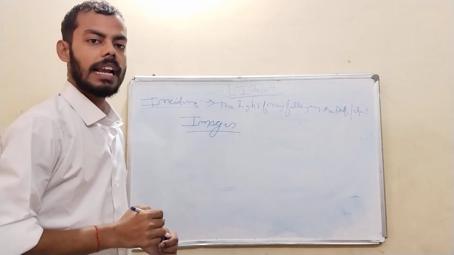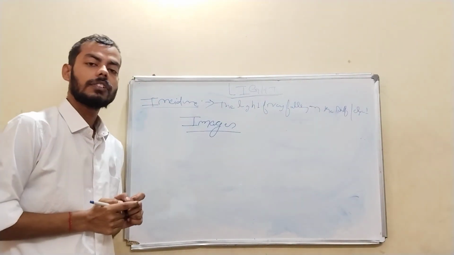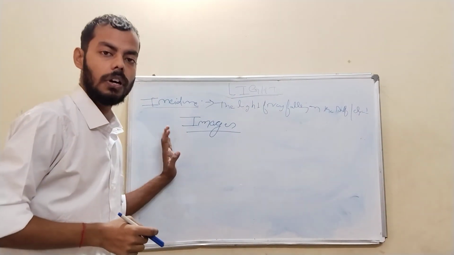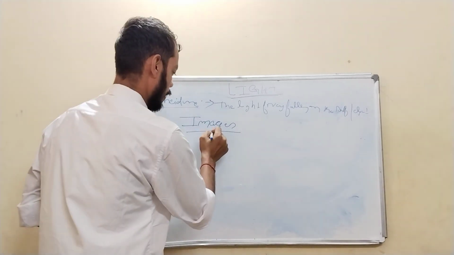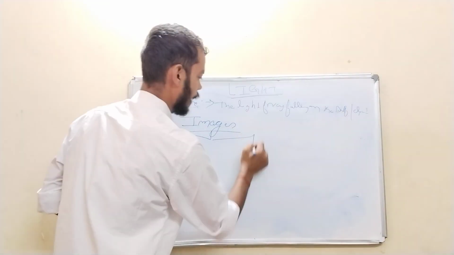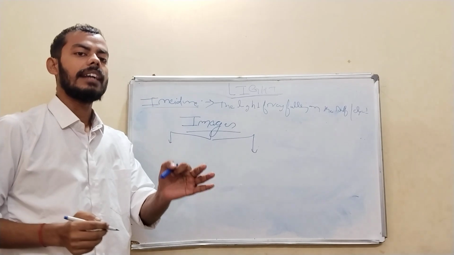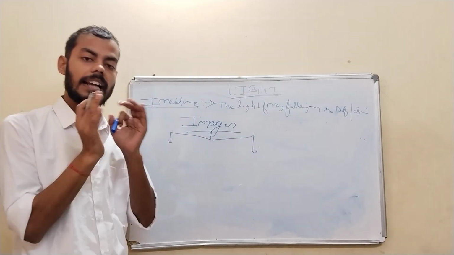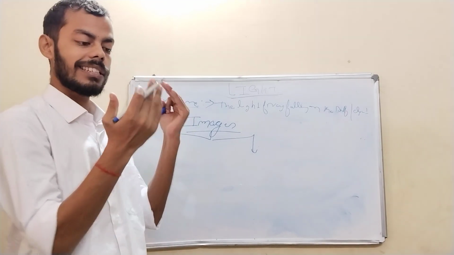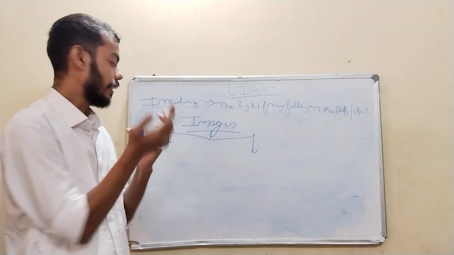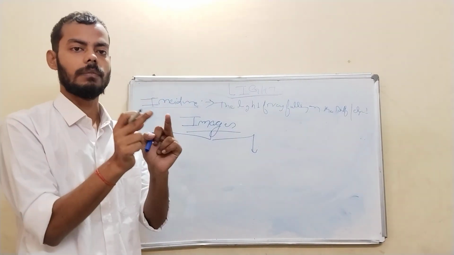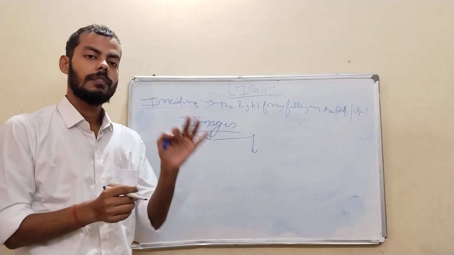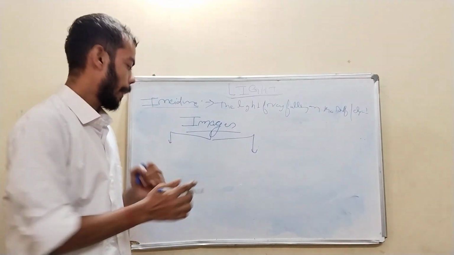So what do you understand by image? According to me, an image is formed in two ways. If two reflected light rays intersect at a point, an image is formed at that point.